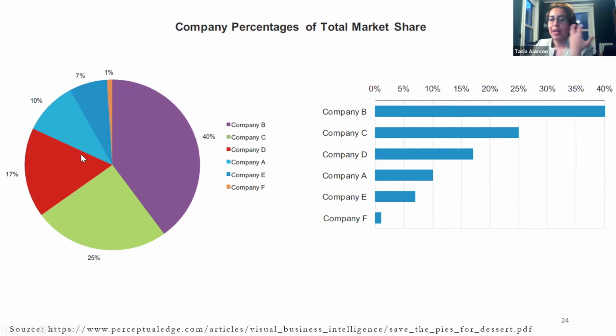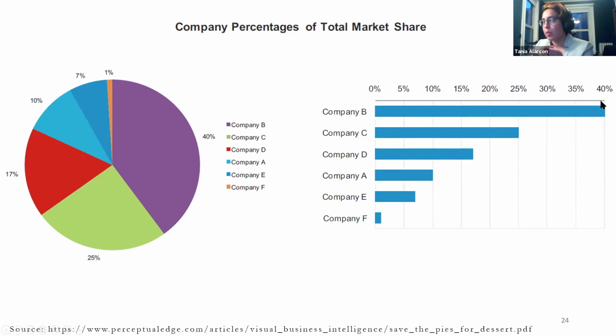The figure on the left has lots of colors, but lots of colors can often be distracting. You start to notice, okay, I can tell that the purple is the largest, but what about between the green and the red? I need to pay a little bit more close attention. What about between these two? It becomes harder and harder to absorb this information quickly.